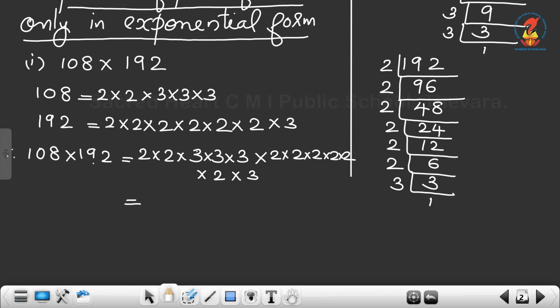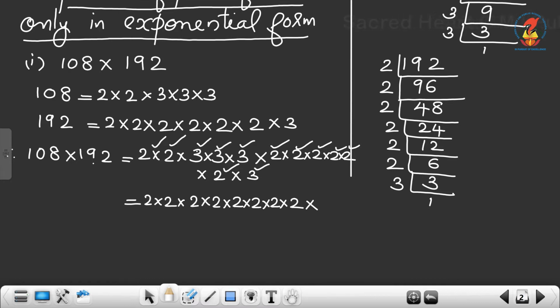Equal to, we can write all the 2's together, and there are 8 2's. How many 3's are there? 1, 2, 3, 4. 3 into 3 into 3 into 3.